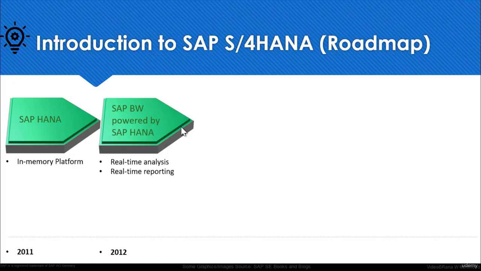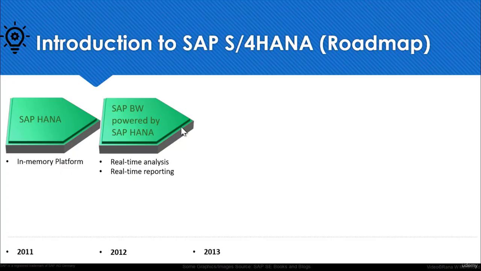Just before I go further, I just want to explain a little bit about SAP HANA database. SAP S4HANA can run only on SAP HANA database because it is natively built on SAP HANA. So it inherits all the capabilities of this powerful in-memory data management, column-oriented tables, multi-core processors, and application platform.